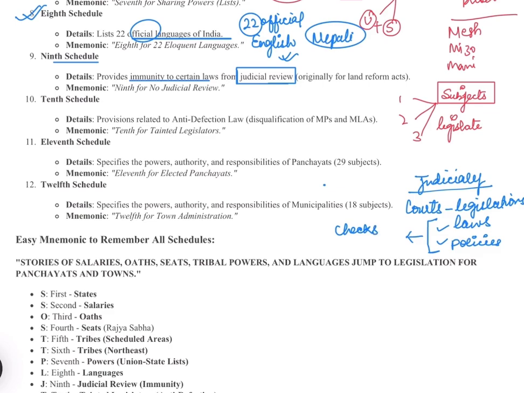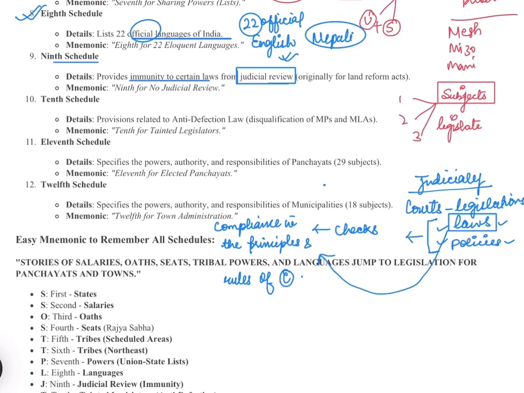It checks whether these laws and policies are in compliance with the basic principles and rules of the constitution. If some laws are not complying with the basic principles and idea under the constitution, then the court, especially the Supreme Court, can say that this particular law is unconstitutional.